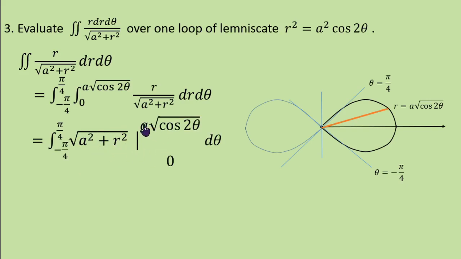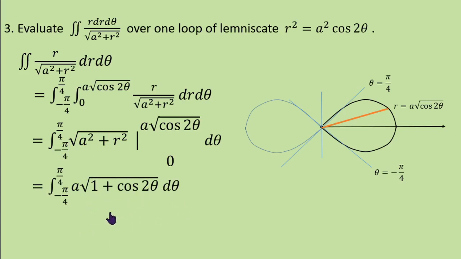The upper limit of r is a root cos 2 theta. When you substitute the upper limit, the square of this means a square cos 2 theta, so the square root cancels with the square. Therefore, it is a square cos 2 theta. Take a square common outside. The square root of a square is a, into root 1 plus cos 2 theta.